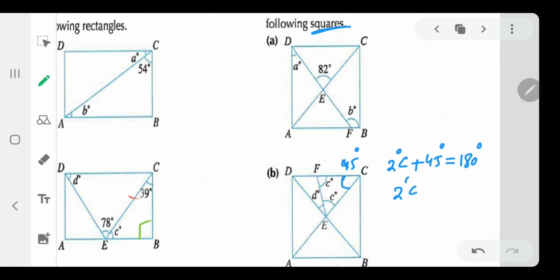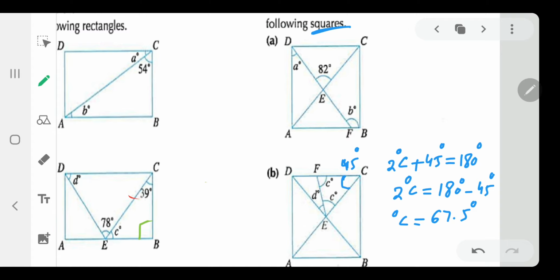So 2C will become 180 degrees minus 45 degrees. So the value of C will be 180 minus 45 divided by 2. The value of C is 67.5. So this is the value of C.